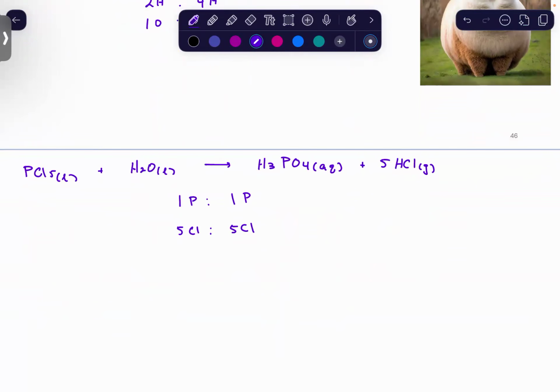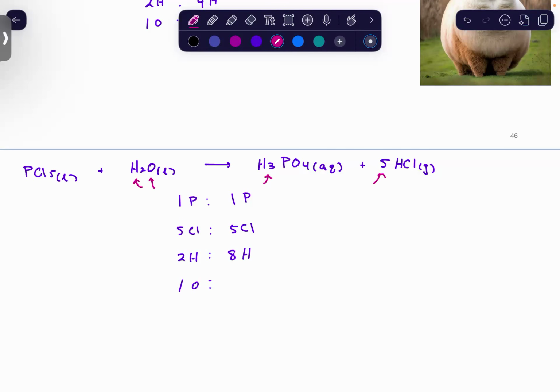Okay, so my hydrogens, I have 2 hydrogens. Then I have 3 plus 5. That's 8 hydrogens. And my oxygens, I have 1 oxygen.